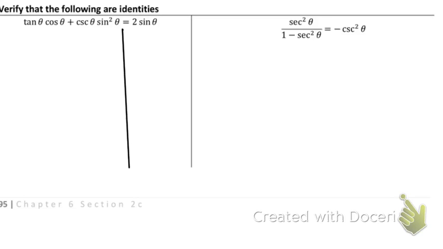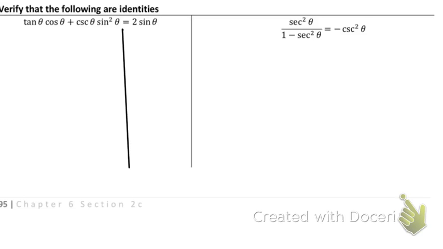I'm going to start with the left-hand side because it's definitely the more complicated of the ones. And I'm going to notice that I want things at the end of the day to be in terms of sine. Knowing that, it's probably a good idea to change everything into terms of sine and cosine and hope stuff cancels out. So the first thing I'm going to change is that tangent value.